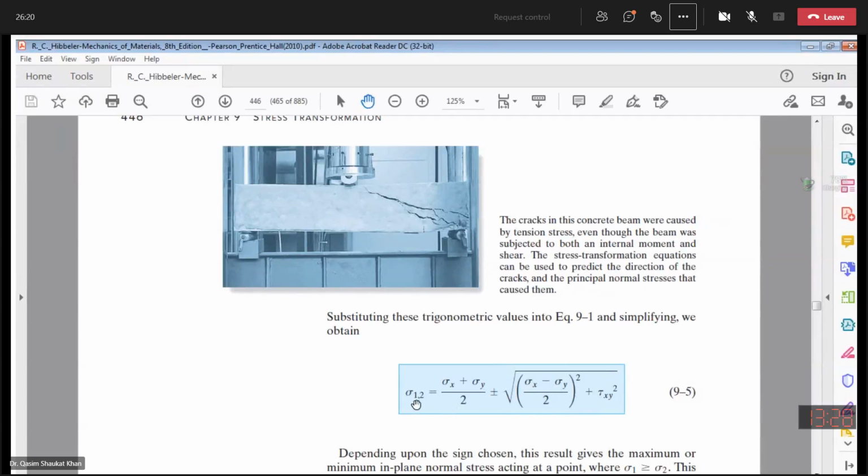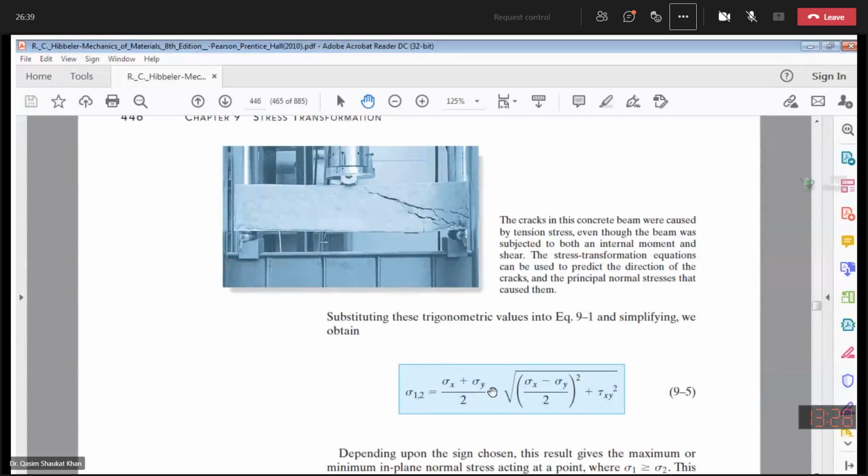If you see this equation, now sigma 1, sigma 2 is equal to sigma x plus sigma y over 2. This part of the equation does not have theta, so there is no change over here.